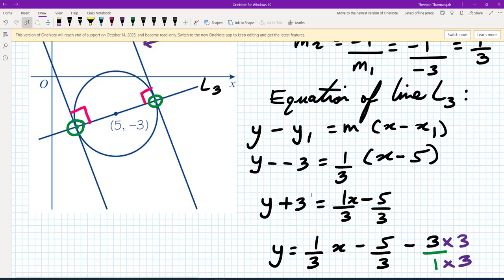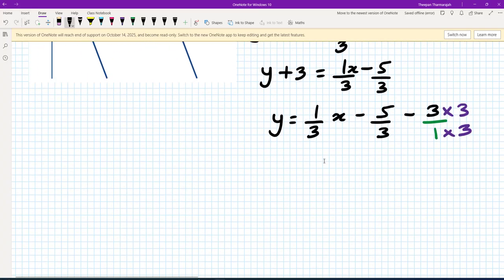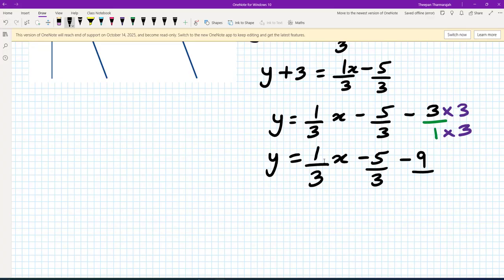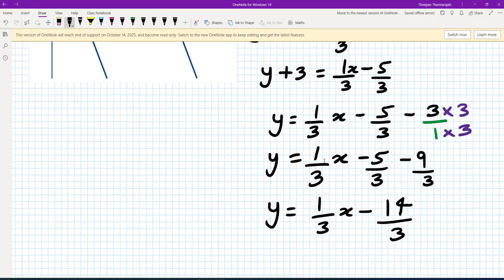Continuing with the algebra, y equals a third of x, minus 5 over 3, minus 9 over 3. So we get y = a third of x minus 14 over 3. That's the equation of the line that passes through the center of the circle, the one we marked in our diagram as L3.